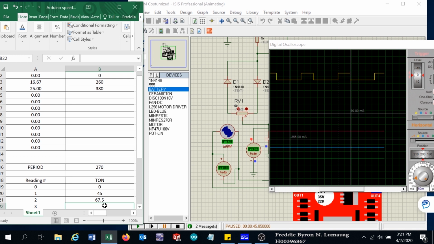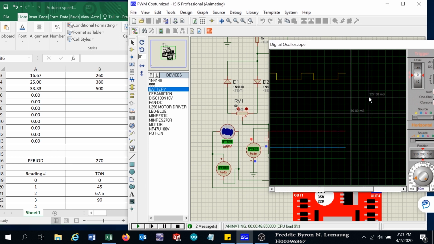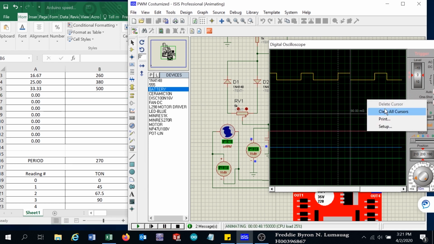So we'll put here 90, and the speed is 500 RPM. Then I will resume and clear the cursor.